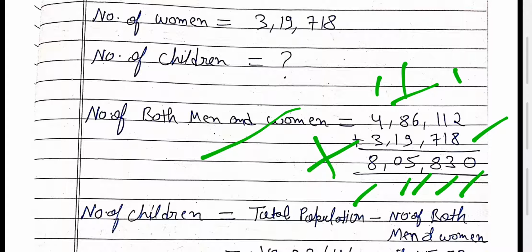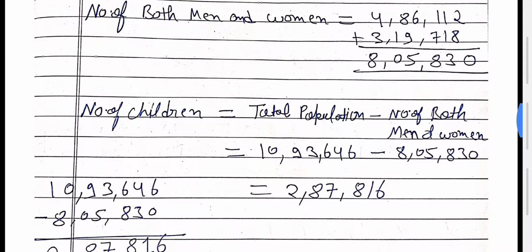So what is the total number of children? For the total number of children, from the total population subtract the number of both men and women. Total population this and number of men and women this, just subtract here.